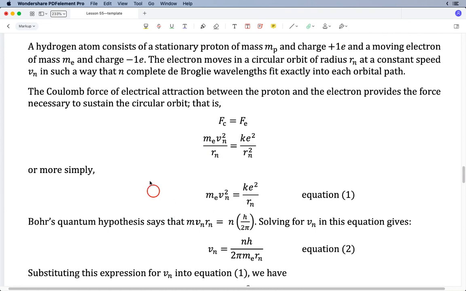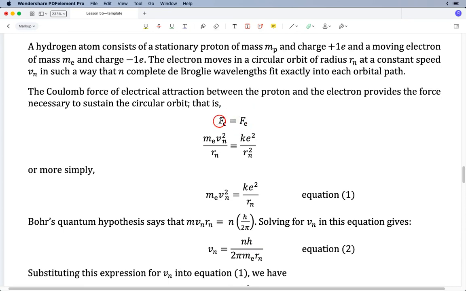All right, so in Bohr's model, we have an electron orbiting around the nucleus of the atom. In that situation, the electron is experiencing a centripetal force, and that centripetal force is provided by the Coulomb force.